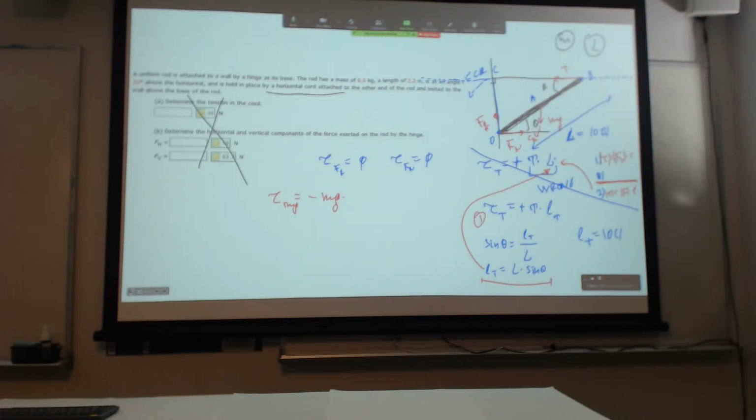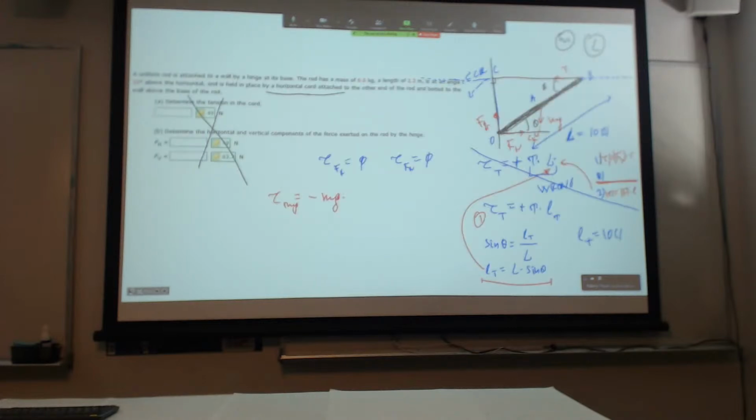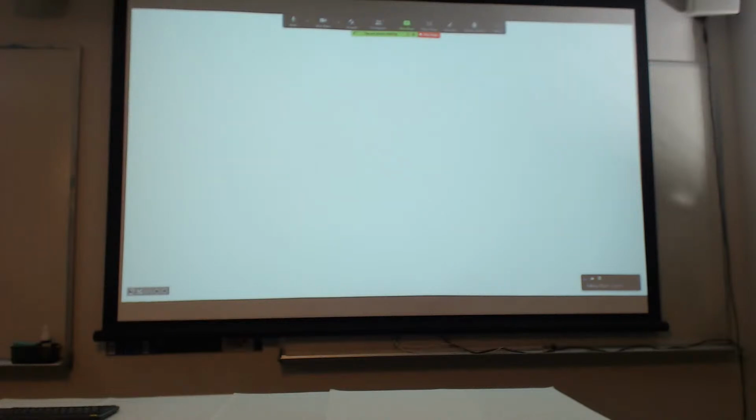And now, what you have to do is draw a better picture, because this picture is confusing. It has too many elements now. So you have to draw big, that's the middle point, big picture. That's mg, that's the axis, that's the angle, that's another angle.